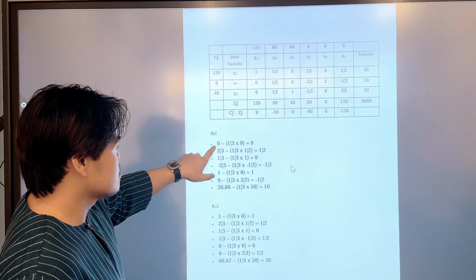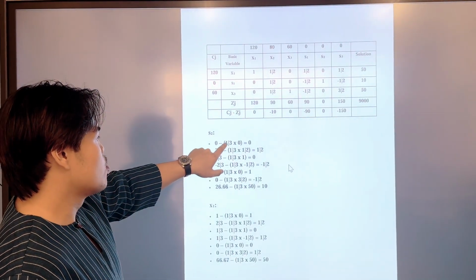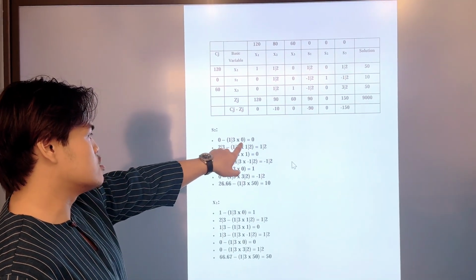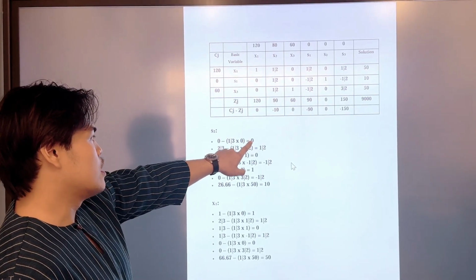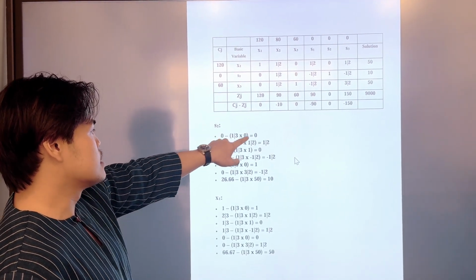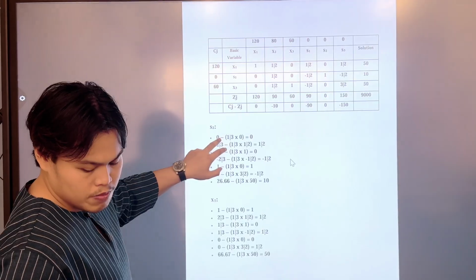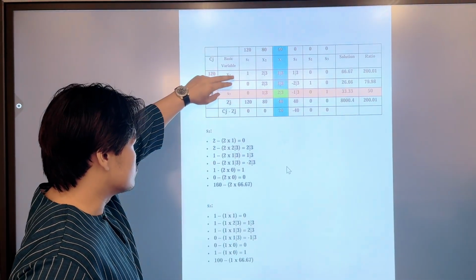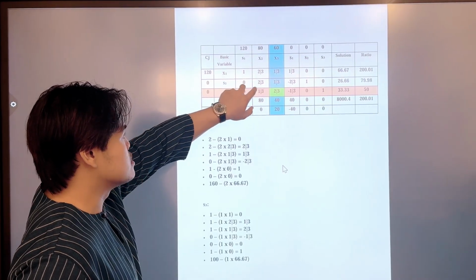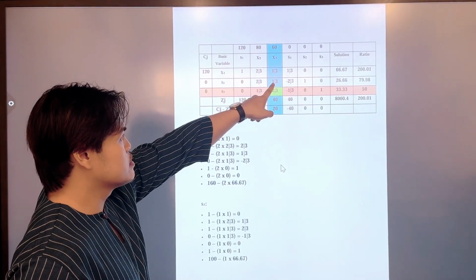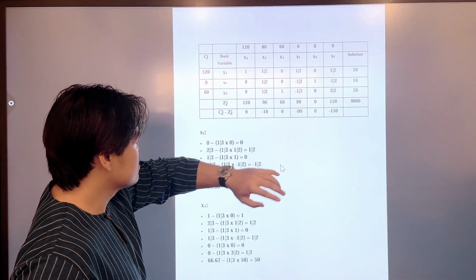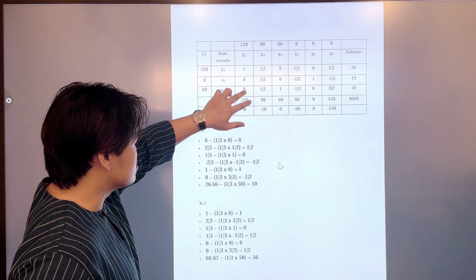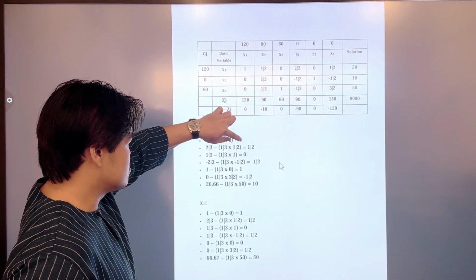As you can see, 0 minus 1 per 3 times 0 and 0. How do you get this number? 0 minus 1 per 3 times 0 and we get 0.